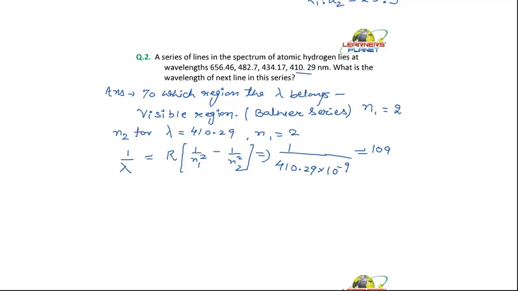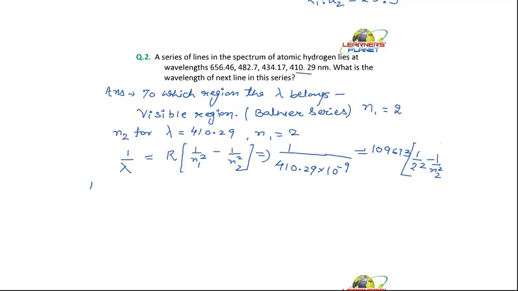R is what? 109.673, or you can simply remember 1.096 into 10 to the power 7, multiplied by 1 upon 2 square minus 1 upon n2 square. So we will calculate this. What we want here is 1 by n2 square.